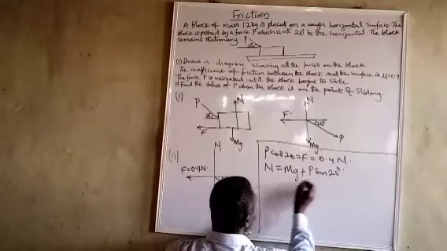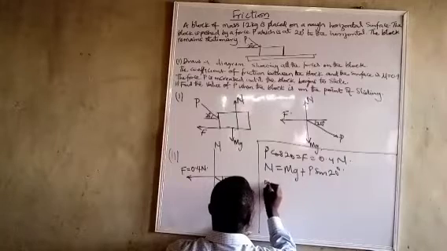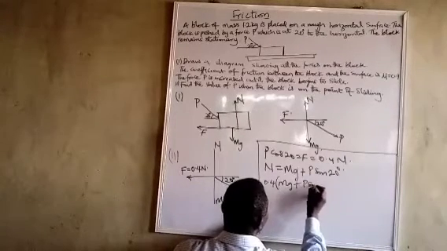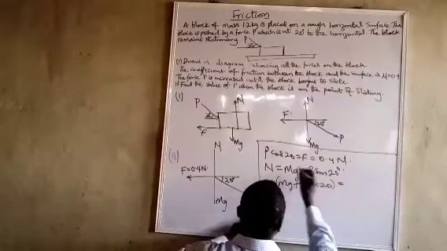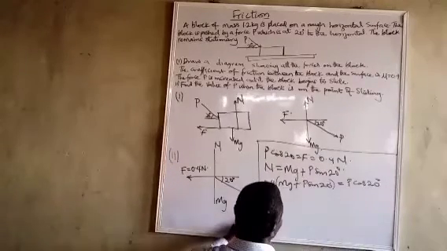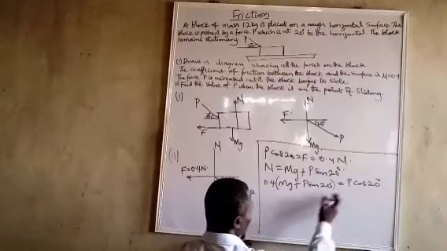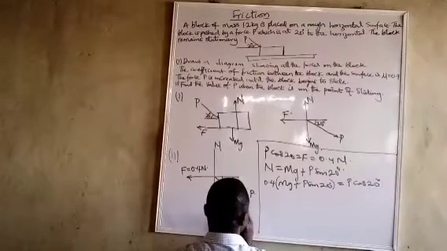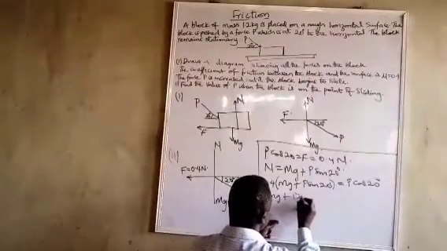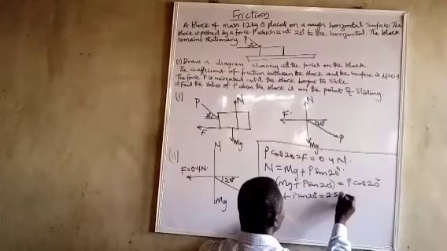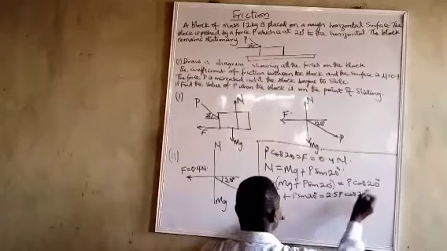So we can now see 0.4 times (mg plus P sine 20) is equal to P cos 20. And then mg plus P sine 20 is equal to 2.5 P cos 20 degrees.